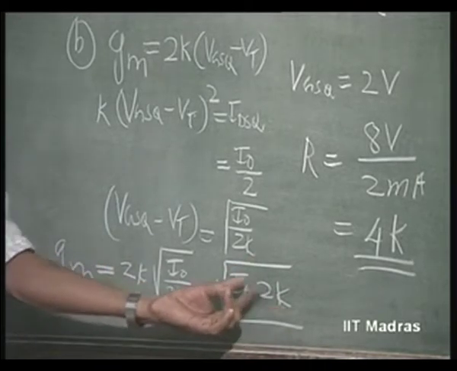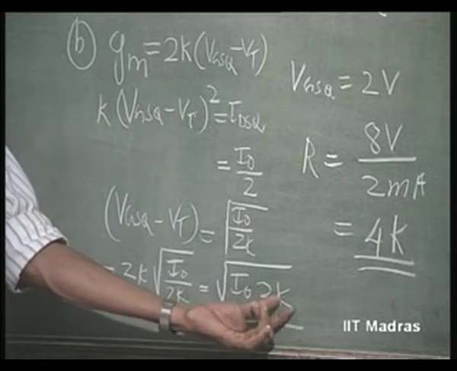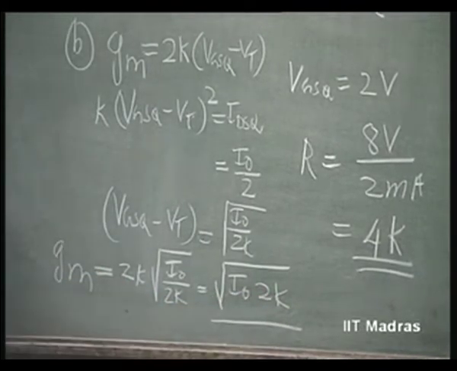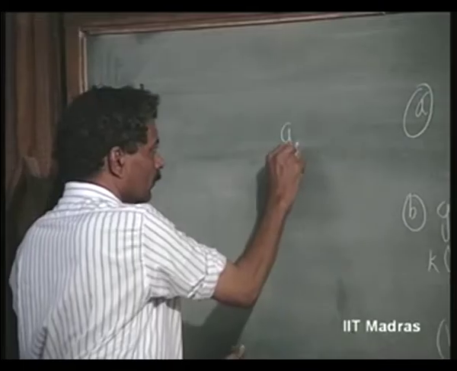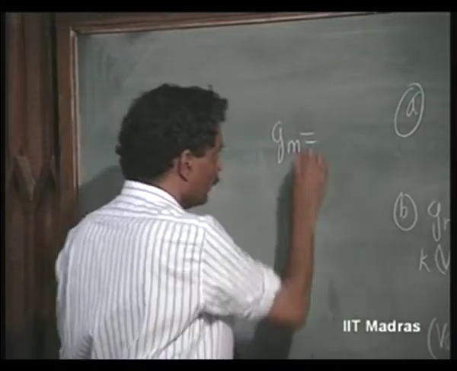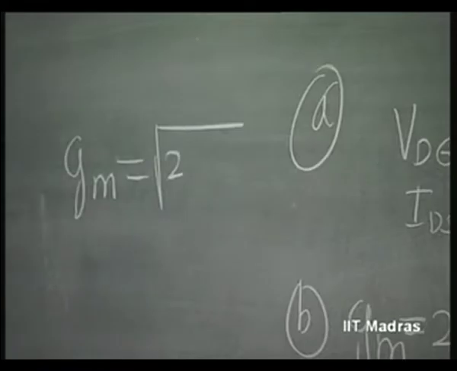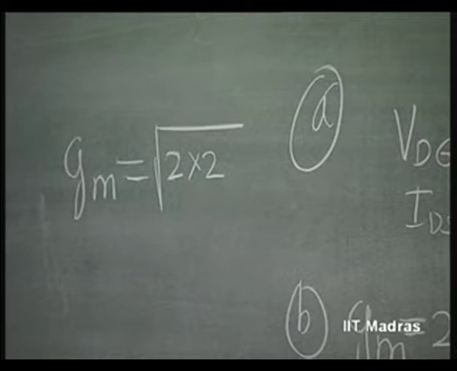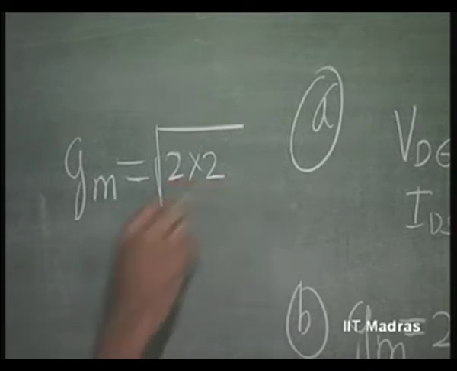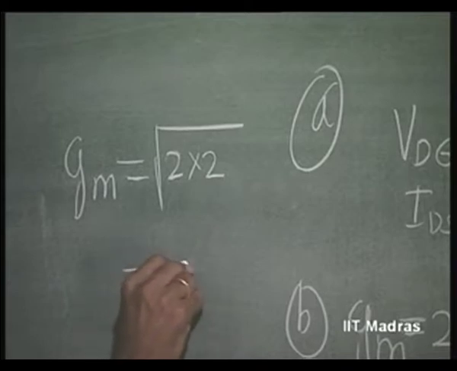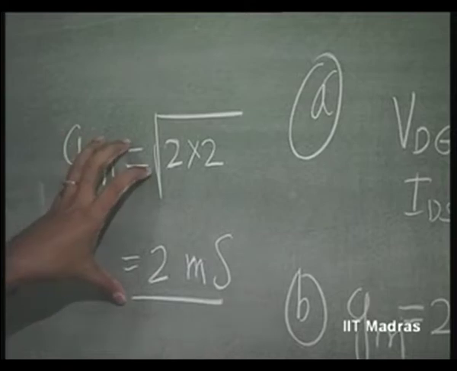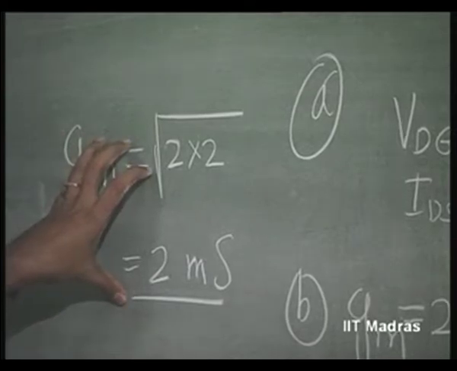Given I naught as 2 milliamperes and K as 1 milliampere per volt squared, we have gm equal to root of I naught into 2K, which is 2 milliamperes into 2 milliampere per volt squared, we get 2 millisiemens as the gm of the differential amplifier.